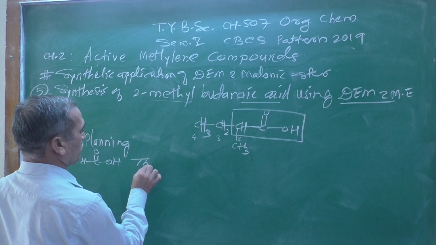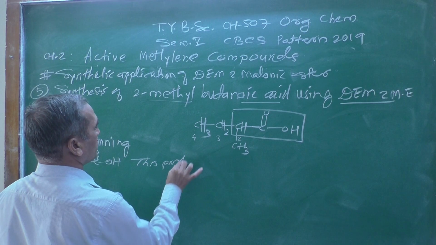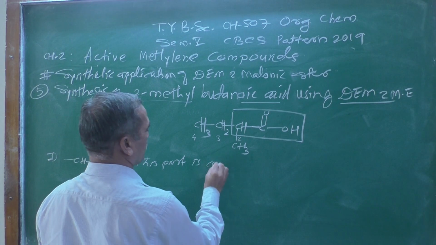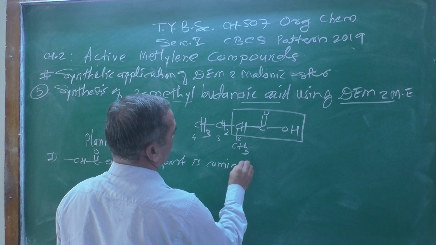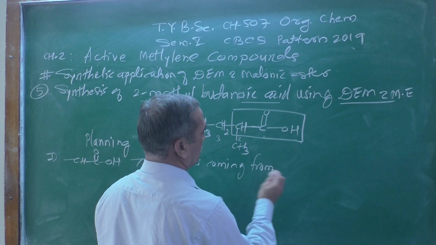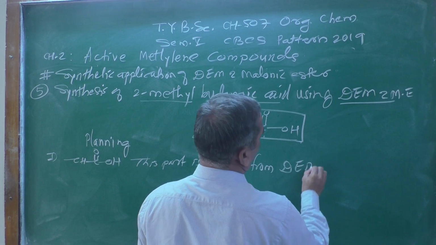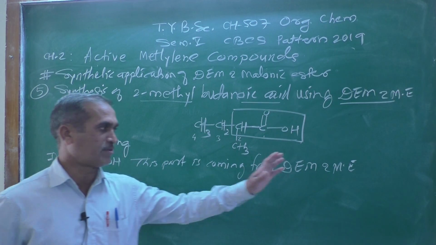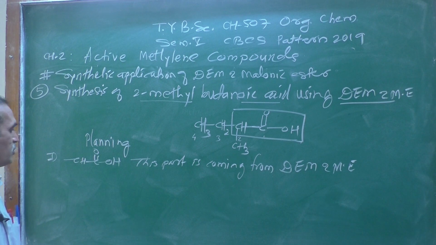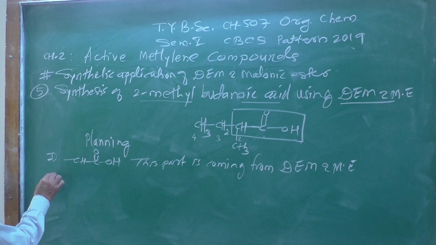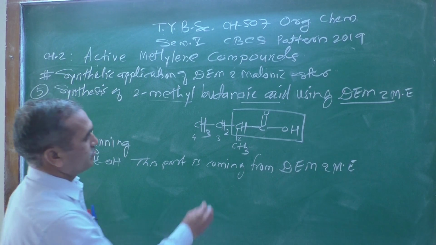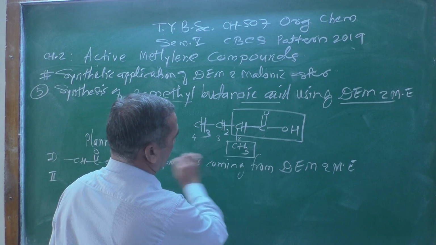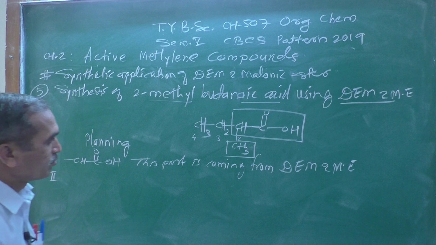This part is coming from diethyl malonate or malonic ester. Short form, I am writing over here: this part is coming from DEM or malonic ester. Now the second point: I am highlighting this part over here.